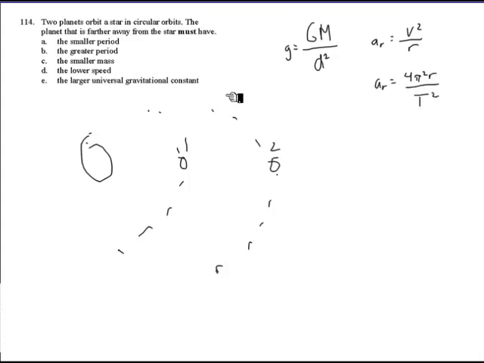Okay. So let's eliminate the craziest one first. A larger universal gravitational constant. Absolutely not. Big G is the same for everything, so you should give that one no thought. Now, the other things you can kind of think about, first of all, before we get to this, if you have some basic background knowledge of our solar system, just think of the outside planets.